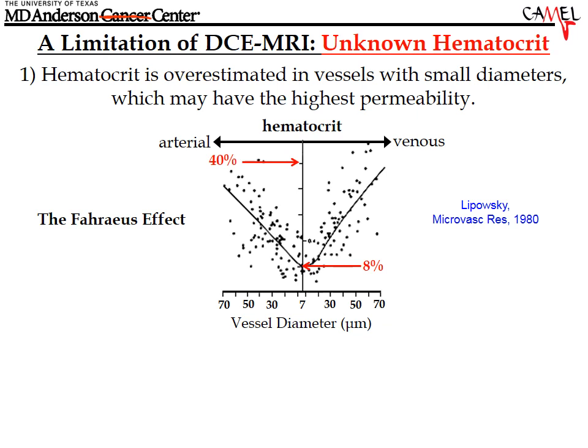Another major issue, which is often underappreciated, is that large arteries and veins that have a diameter of 70 microns or higher have a hematocrit of about 40%. That would be 40% of the blood volume is occupied by red blood cells within these arteries and veins.